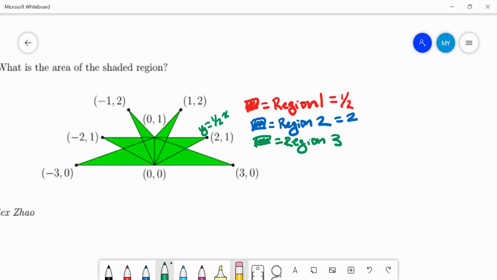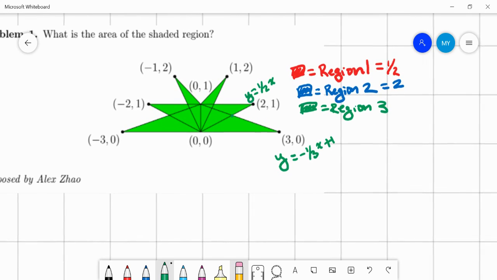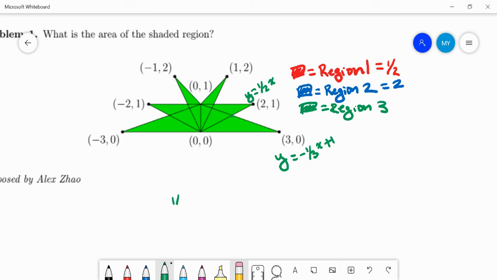And the equation of the line connecting 0, 1 and 3, 0 is going to be y equals negative 1/3 x plus 1. And to calculate the intersection of these two lines, we can just solve for when these are equal. So we want 1/2 x equals negative 1/3 x plus 1.